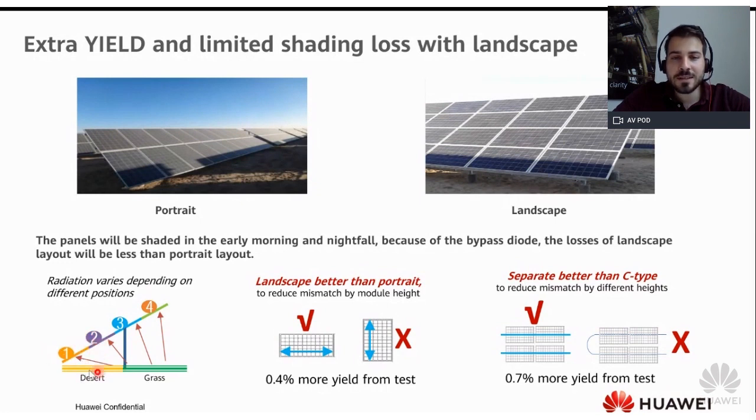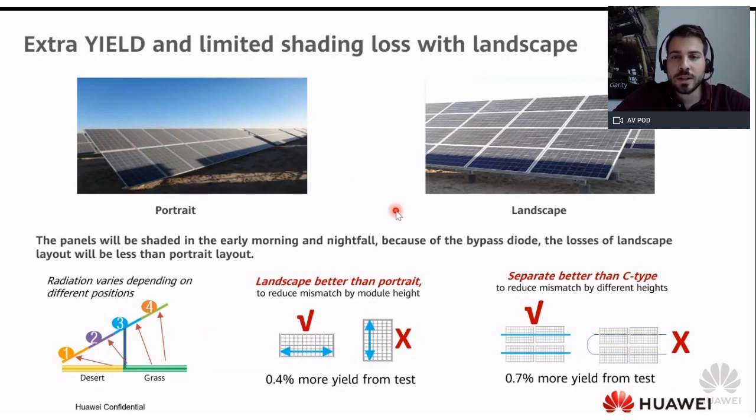It means that in this configuration, when you have bifacial plus tracker, you might better use portrait mode, because you might get more power from the other side, the back side of the panel.